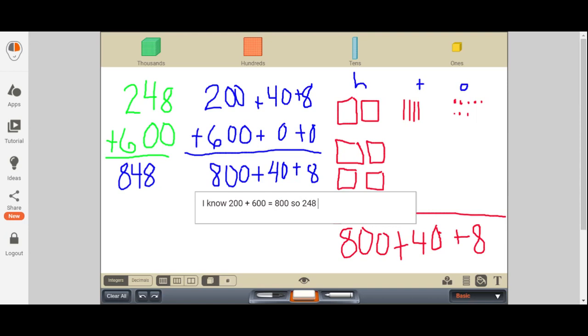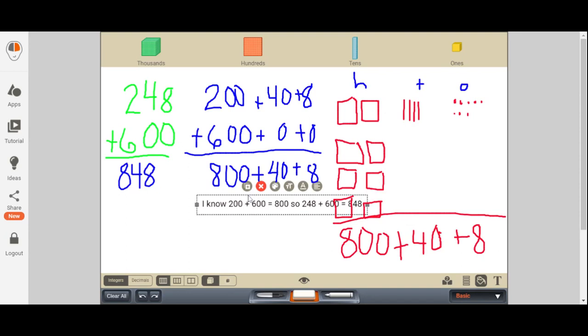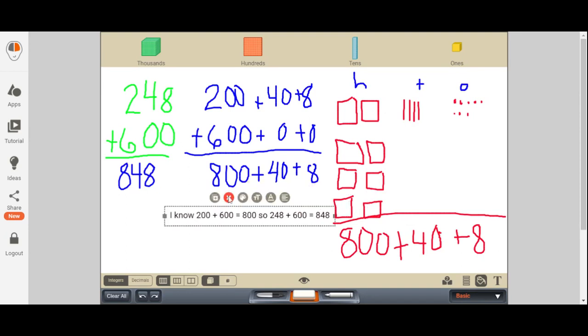So 248 plus 600 equals 848. So, like I said, if you like mental math, I'm okay with that. But when I ask for an explanation, I want to see something put into words where you're telling me how your brain figured that out right away.